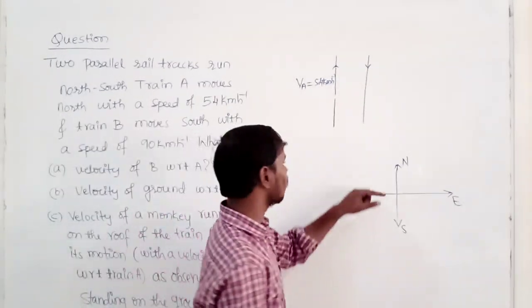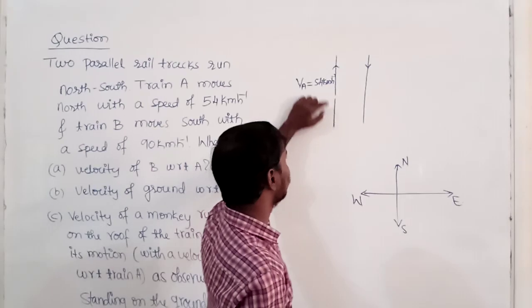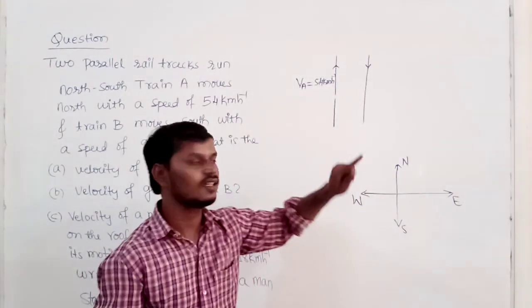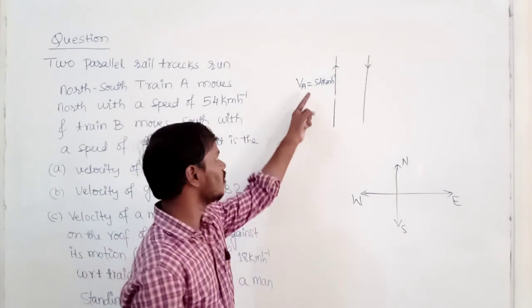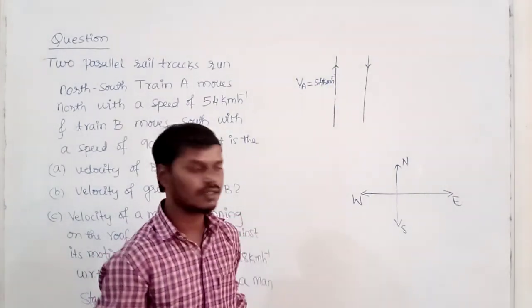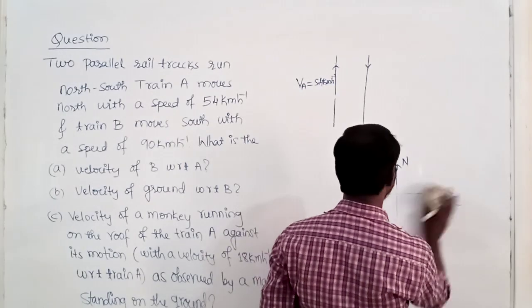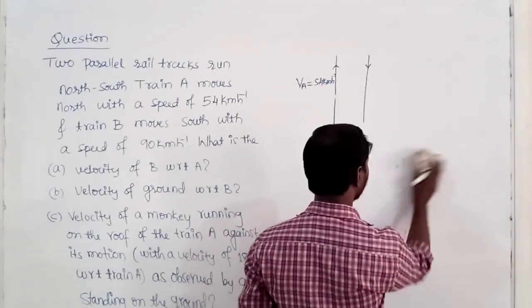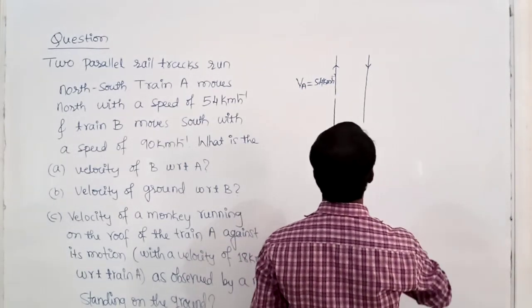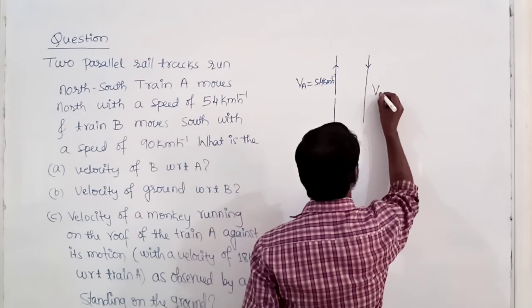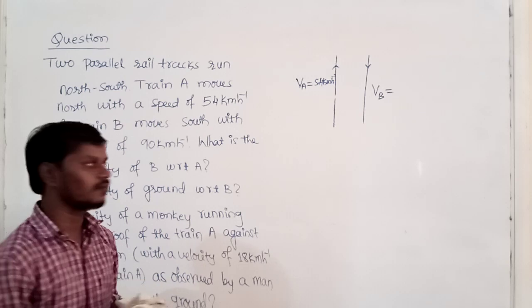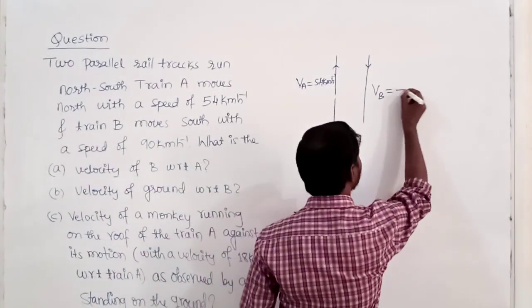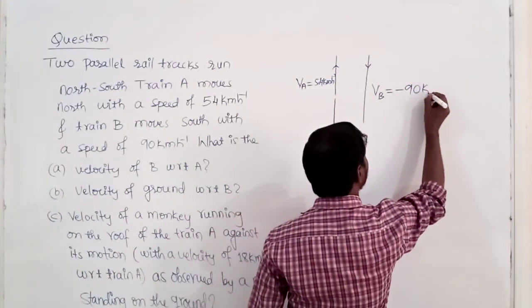So here the velocity of the train is in which direction? North direction. That is why the velocity of train A is taken as positive, plus 54 km per hour. Train B is moving in the south direction with velocity 90 km per hour, so I will take it as minus 90 km per hour.